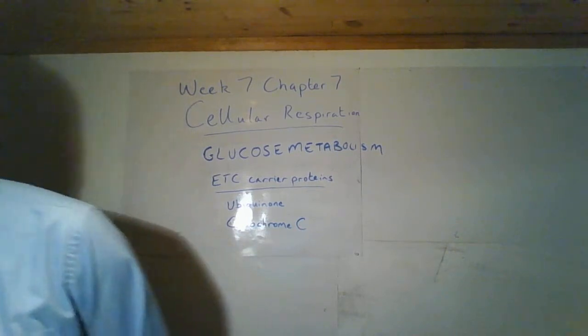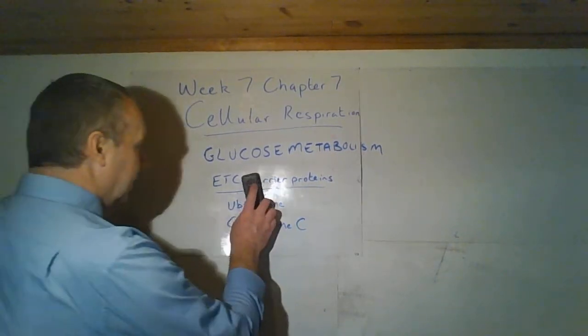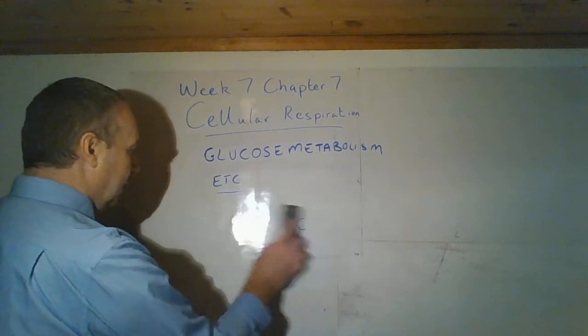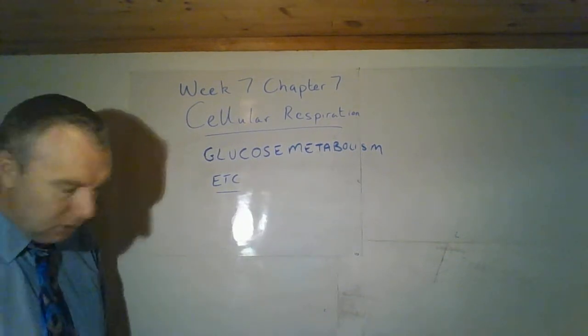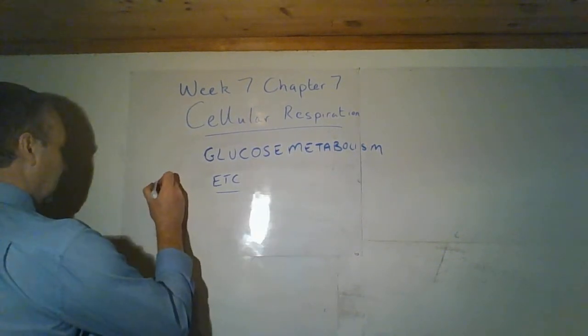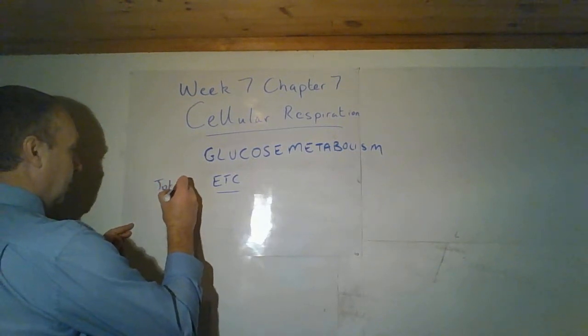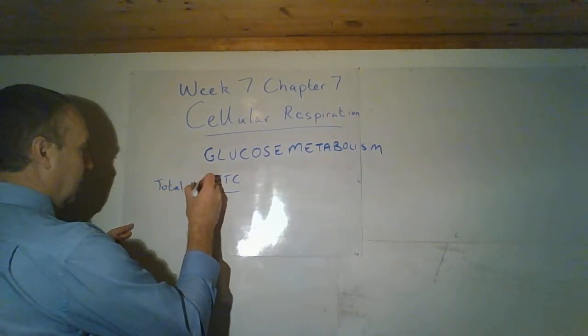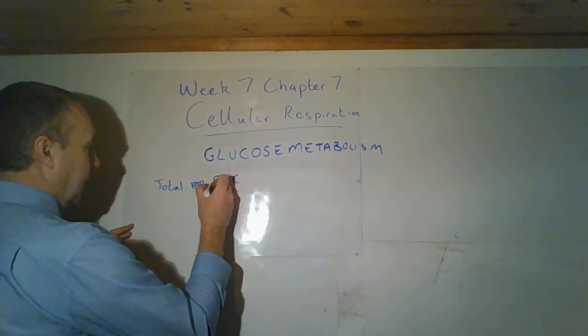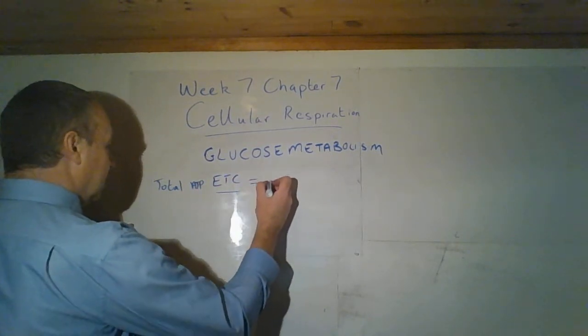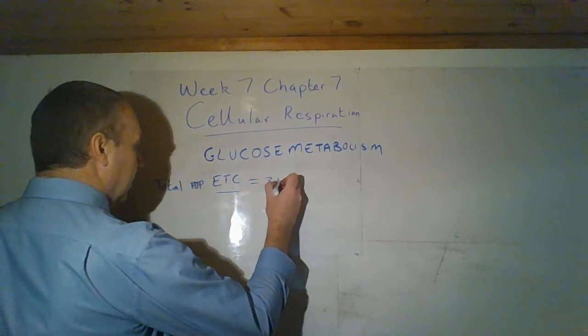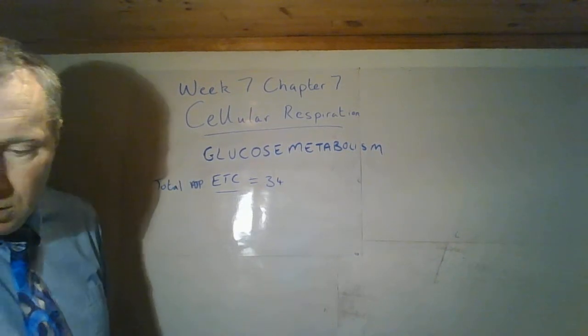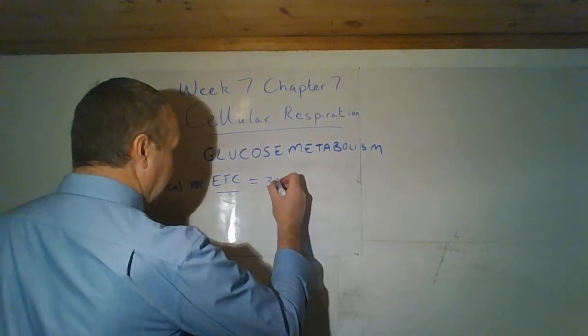And just so we realize it, let's get the totals. Total ATP, and with the ETC it is 32 to 34.